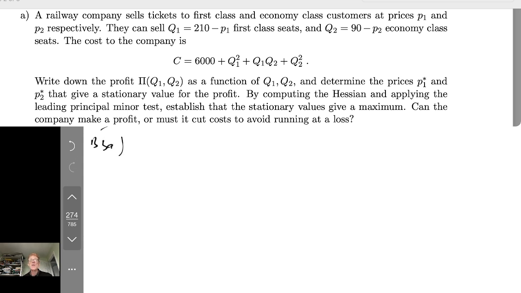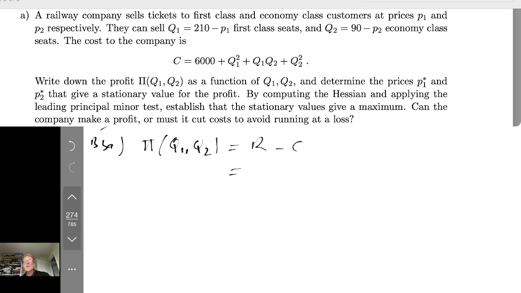B3A. So we need to write down the profit function. Everything here is expressed in terms of Q1, Q2. So that will be the revenue minus the cost.